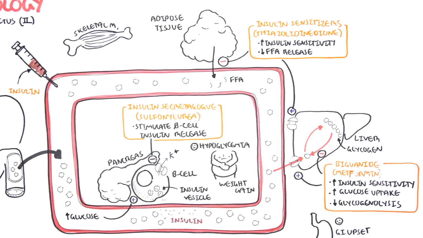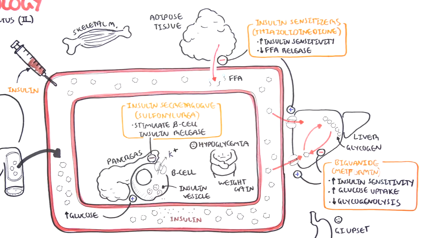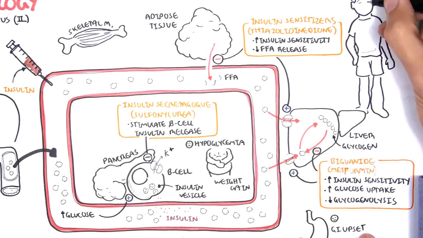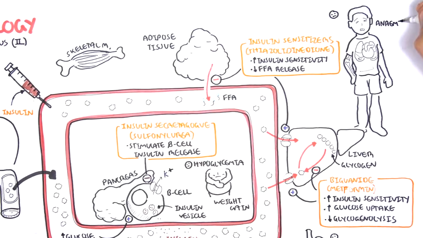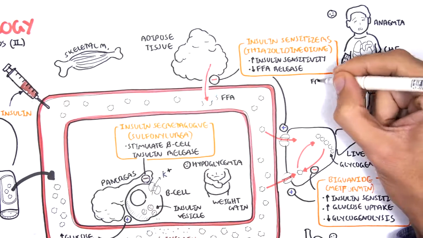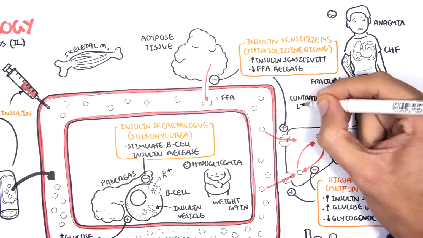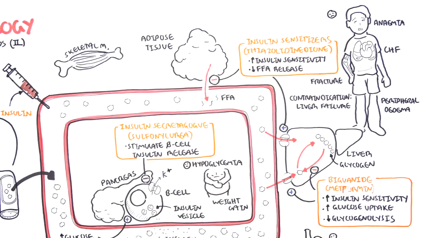As well, they stimulate, as mentioned, insulin sensitivity, which essentially will lead to increasing glucose uptake to tissues and a decrease in glucose release into the bloodstream. Side effects of insulin sensitizers include anemia, congestive heart failure, peripheral edema, fracture. And so, therefore, insulin sensitizers are contraindicated in patients with congestive heart failure and liver failure.